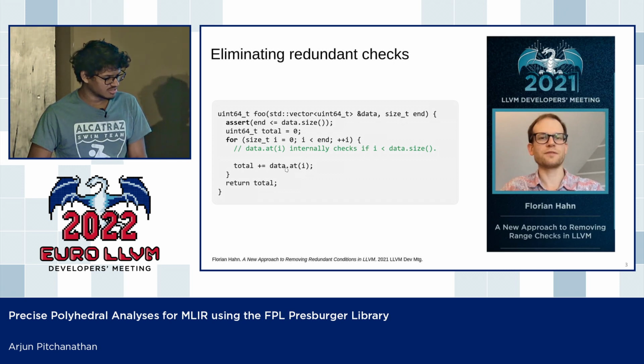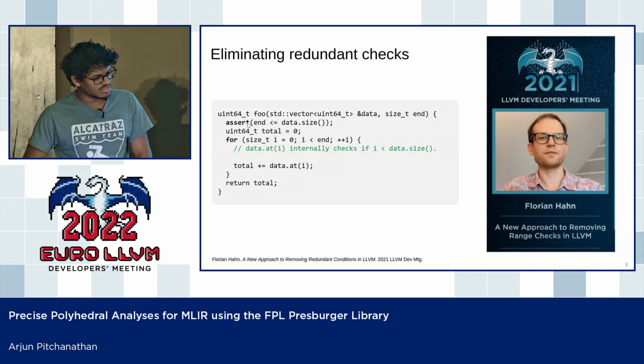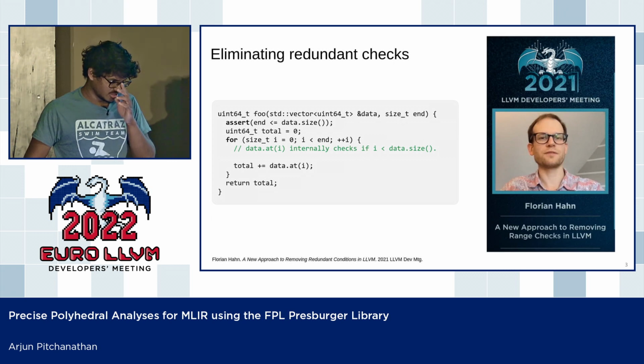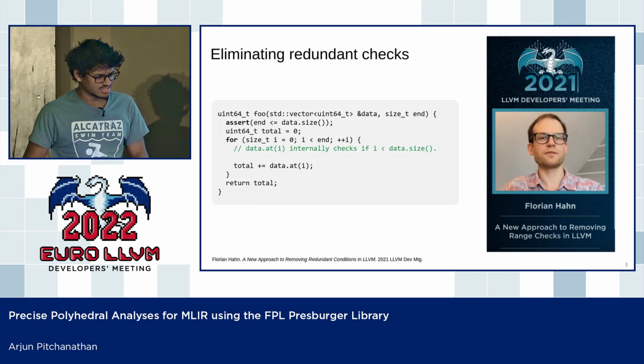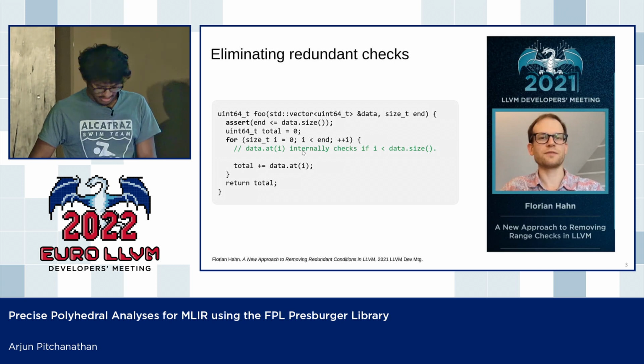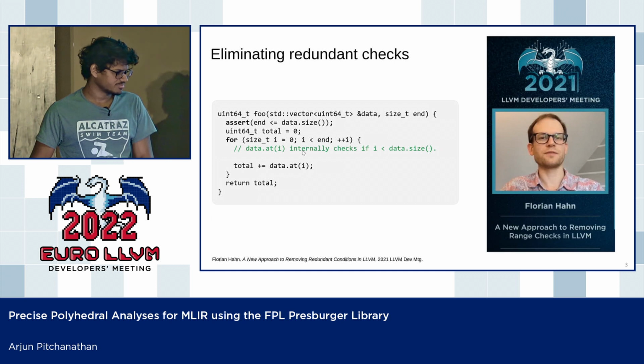So this means that internally .at has a bounds check. Note also that in the beginning we have this assert that end is less than or equal to data.size, and you should be able to see that actually the bounds check should never be needed, assuming the assert holds. But we'll look into that in more detail soon.